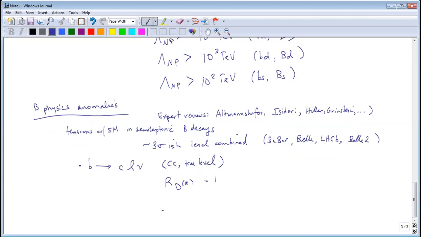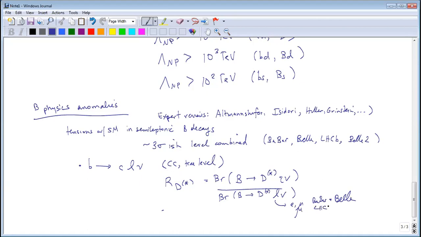That's the branching ratio of B to D star, tau nu, over the branching ratio of B to D star, L nu, where L is both electron and muon for BaBar and Belle, and L is just a muon for LHCb.